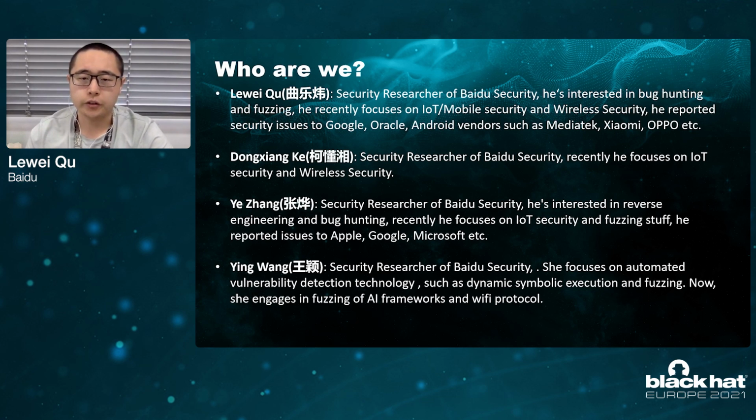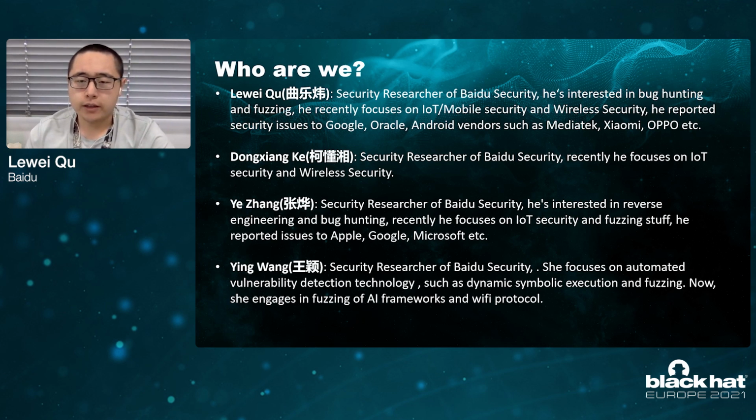Dongxiang is a security researcher of Baidu Security. Recently, he focuses on IoT security and wireless security. Zhang is a security researcher of Baidu Security. He's interested in reverse engineering and bug hunting. Recently, he focuses on IoT security and fuzzing stuff.